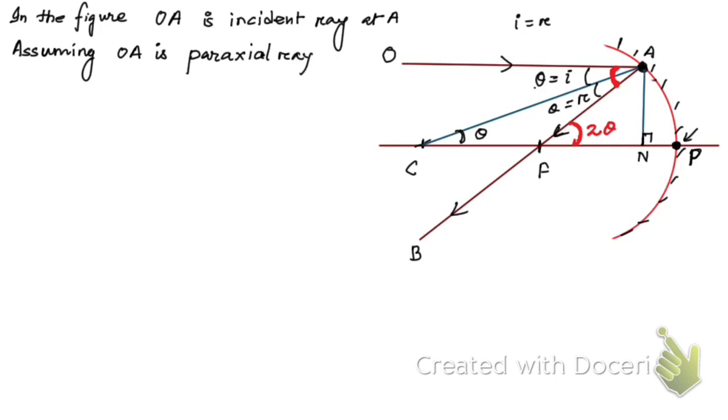Paraxial ray means this is very close to the principal axis. Here you see this is the mirror. Hope you have understood this.